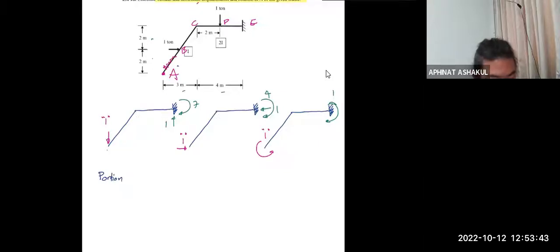Let's say this is big M. Let's say small m for delta V at A. This is small m for delta H at A. This is small m for rotation.